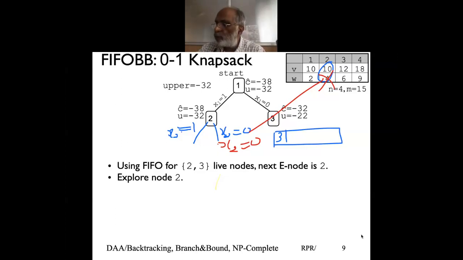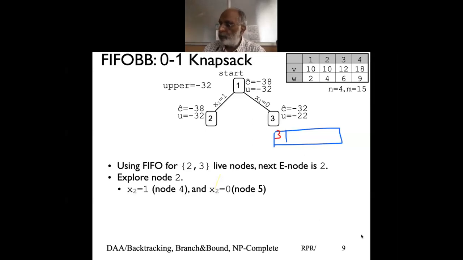And remember, my q is still this 3. So we include this, and we'll get node 3, node 4, and node 5.